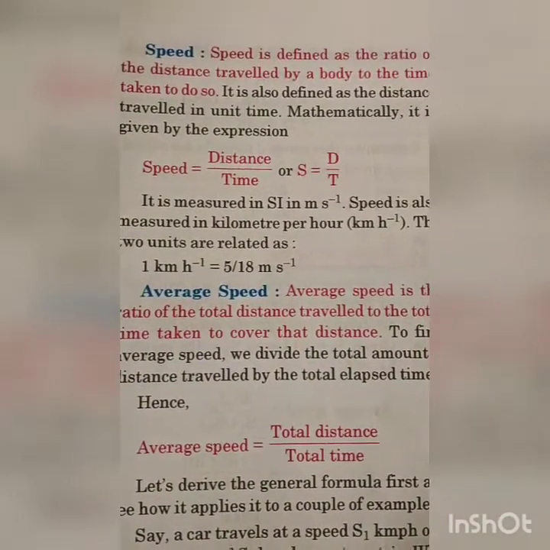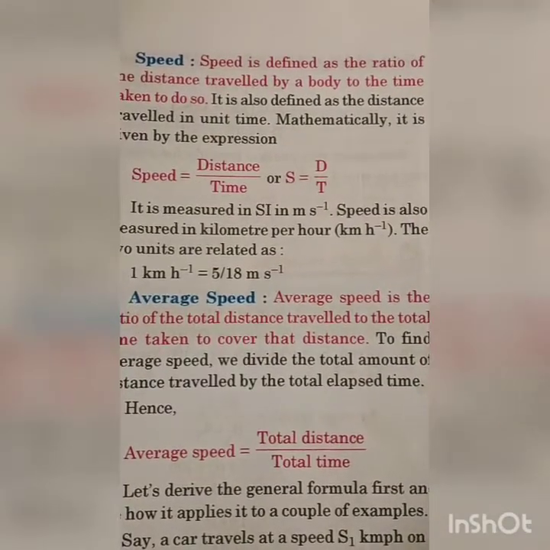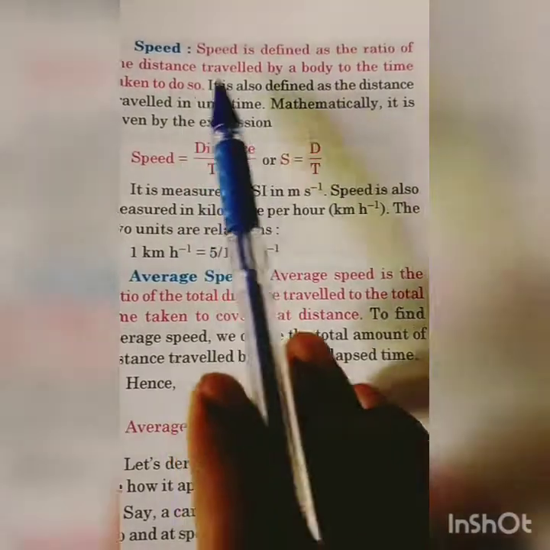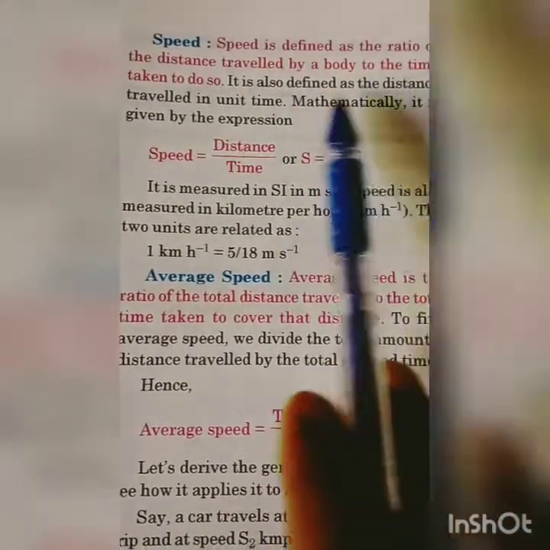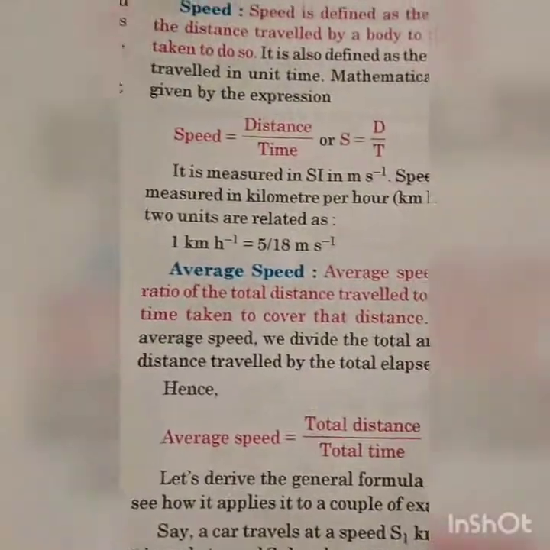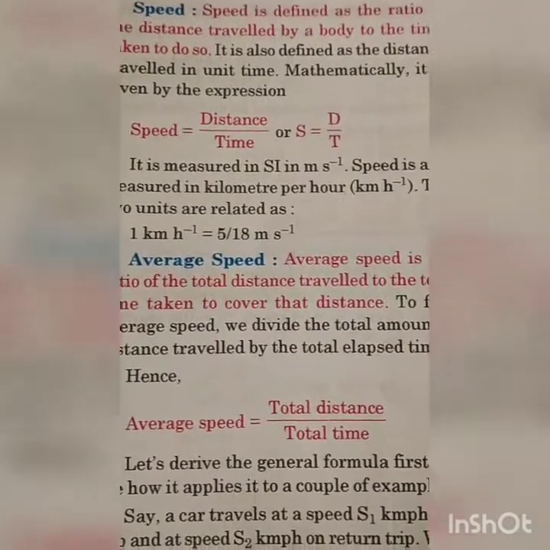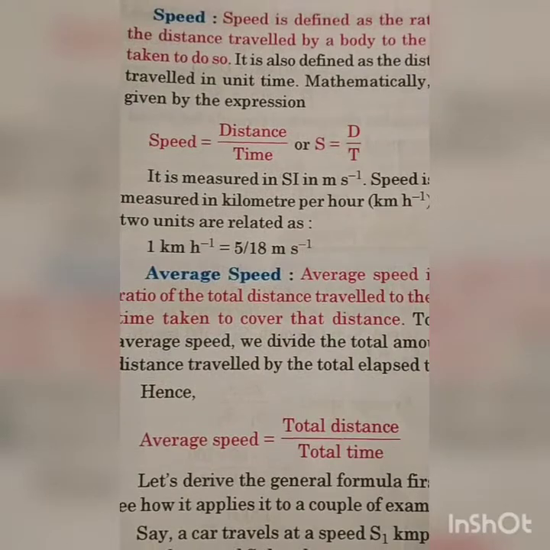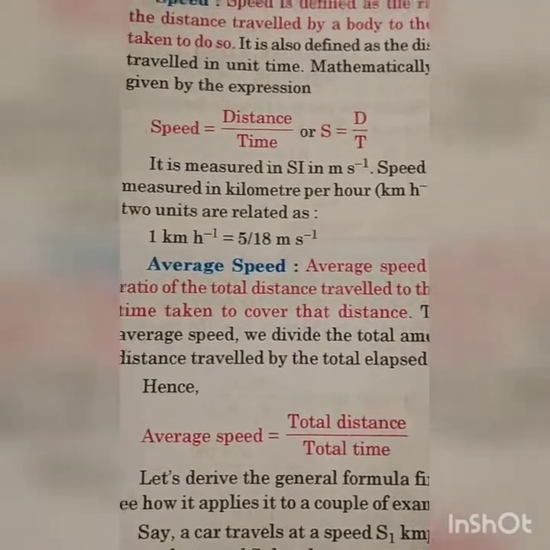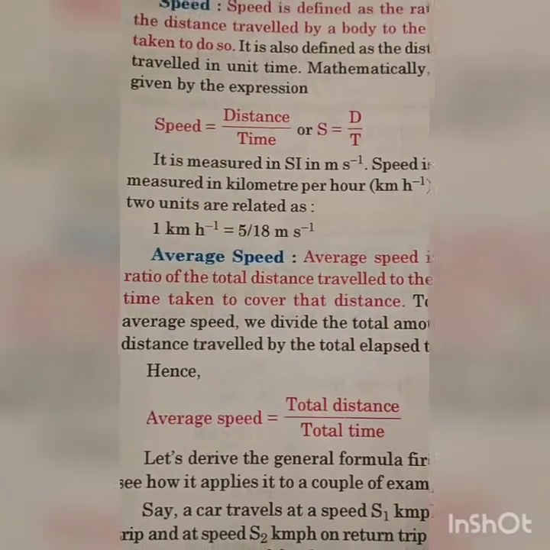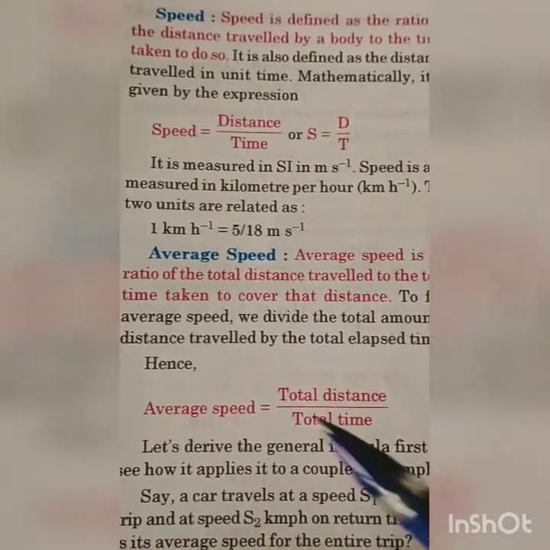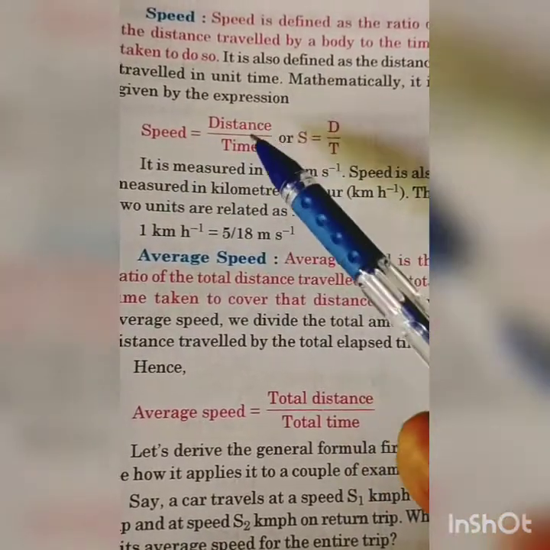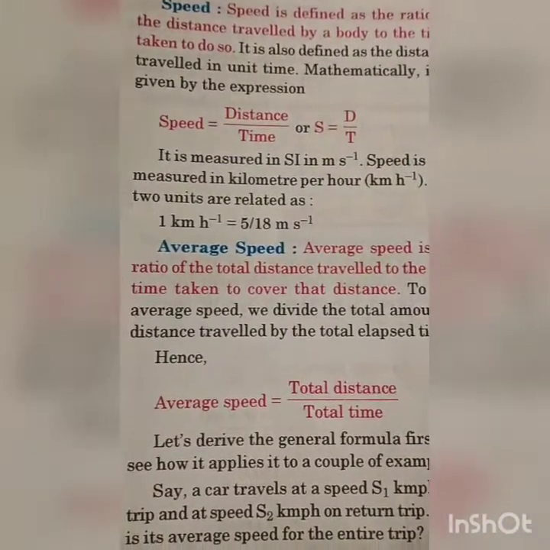You can also write speed as the ratio of the distance traveled by a body to the time taken, or the distance covered by a body per unit time. That is also the definition. The formula, you already know: speed equals distance upon time.